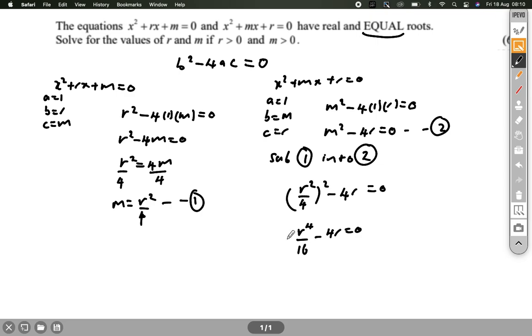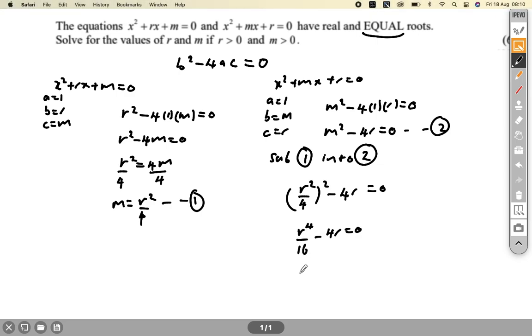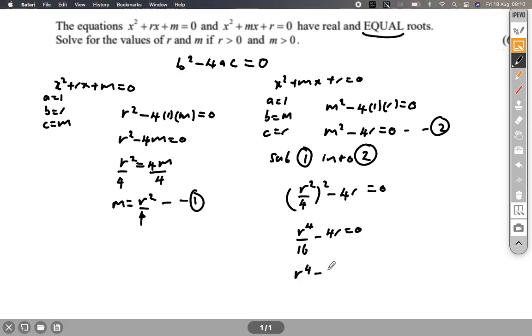So you have to multiply by 16 throughout, and if you do that, you're going to get r to the power 4 minus 64r equals 0. Now we have a common factor of r, so we can remove that, and then we're going to have r cubed minus 64 equals 0.